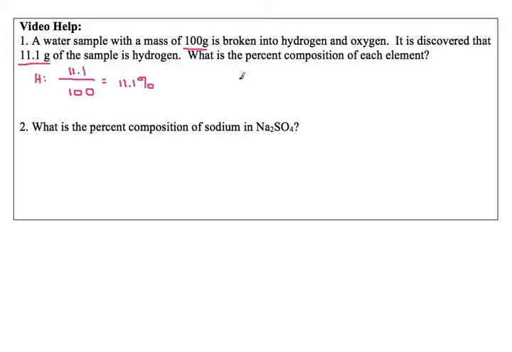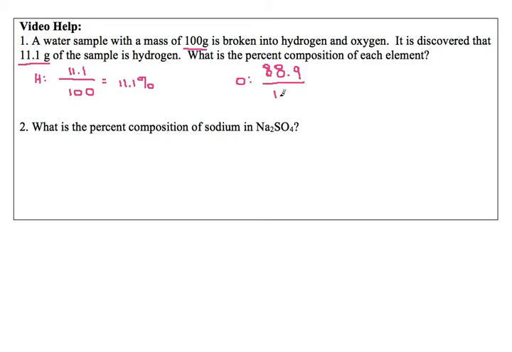What you now need to do for oxygen is say, all right, so if I have a total mass of 100 grams, that means that 88.9 of those grams must be oxygen. Since 11.1 of them are hydrogen, 11.1 plus 88.9 equals the total 100 that makes up water.